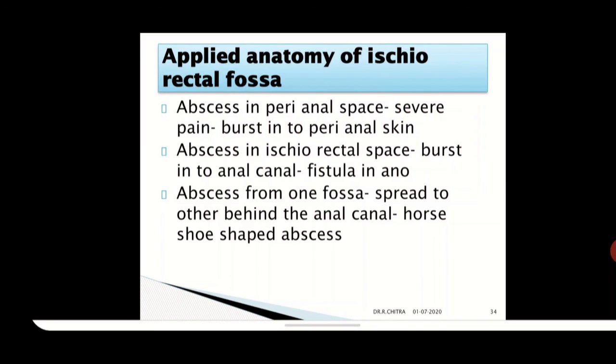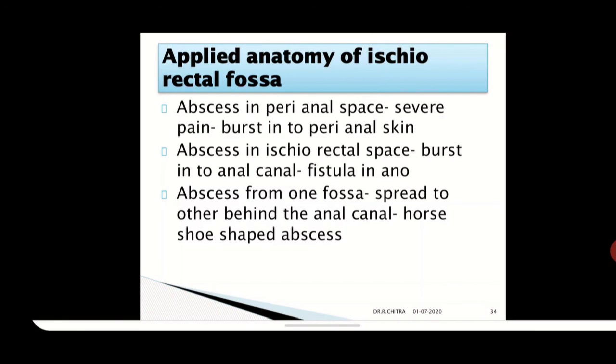So in this class we have seen in detail the definition of the perineum, divisions of the perineum and structures in the anal triangle, and the main topic of the ischiorectal fossa: situation, shape, measurements, boundaries. Then we have seen the lunate fascia in detail and recesses of the fossa.